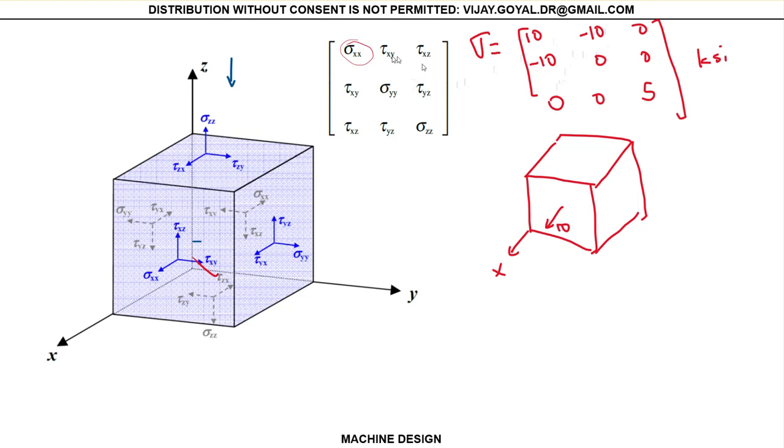This is in the x direction. In the y-axis, it should go in this direction. However, it's negative. So negative means that it actually goes in the opposite direction. So it goes 10.